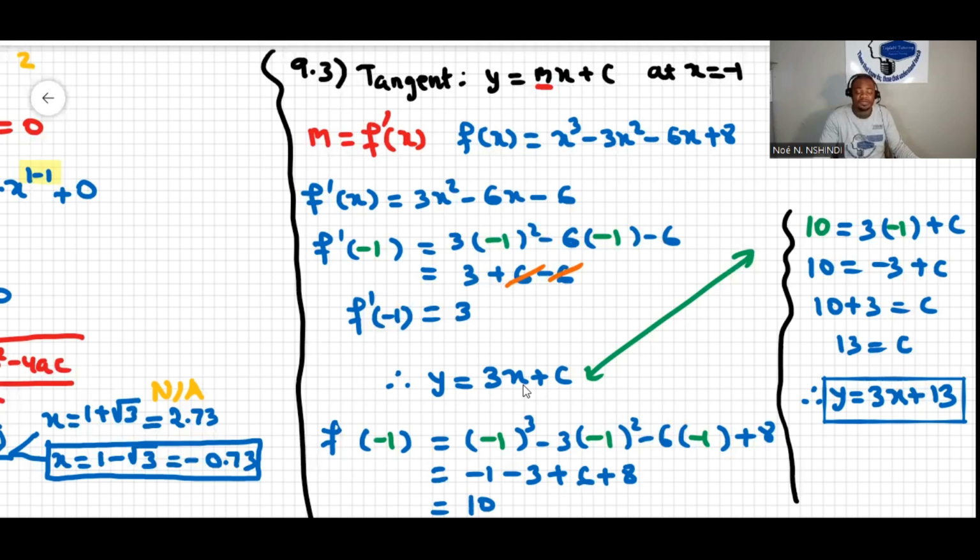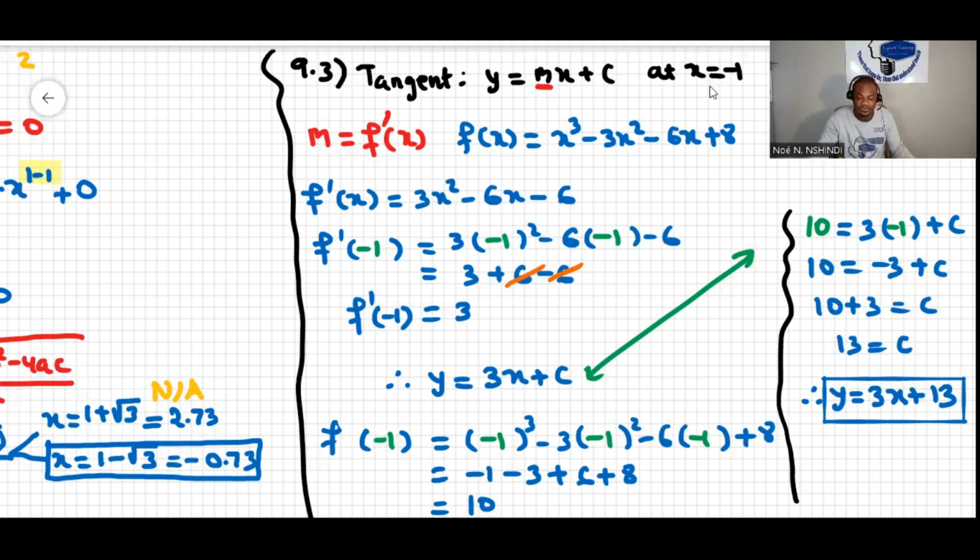Now, f of negative 1 then. Why do I do f of negative 1? Because remember, a point has two coordinates, x and y. The x coordinate is negative 1, which is given, and I need to find its y coordinate, because the tangent touches the graph at a specific point. So that point must have two coordinates, x and y.